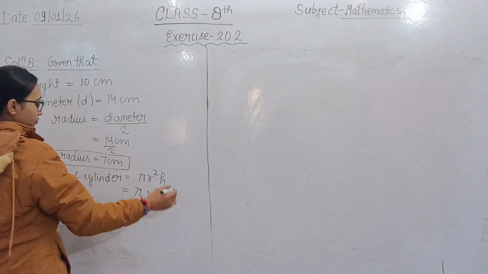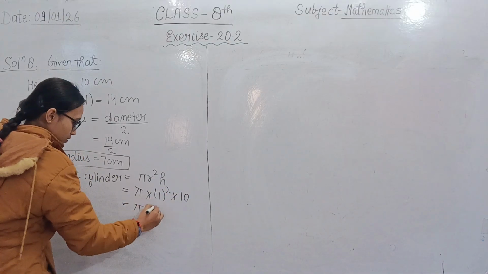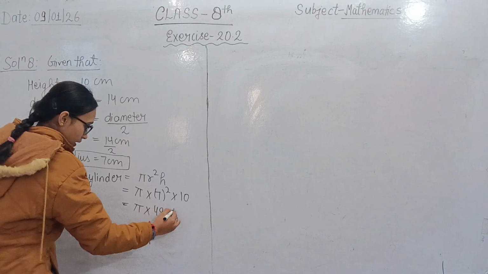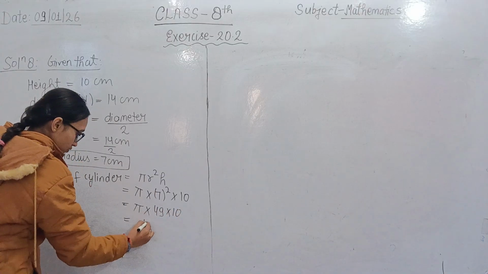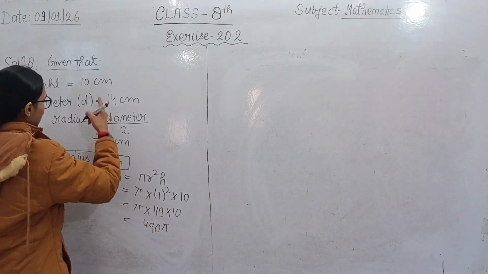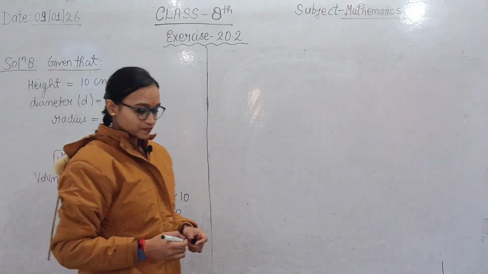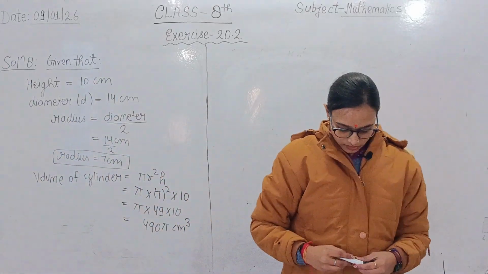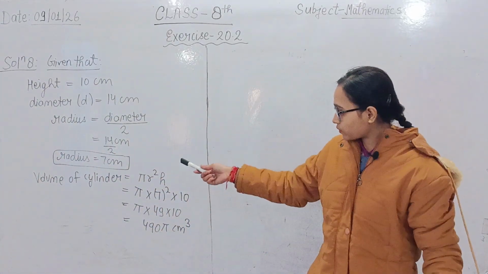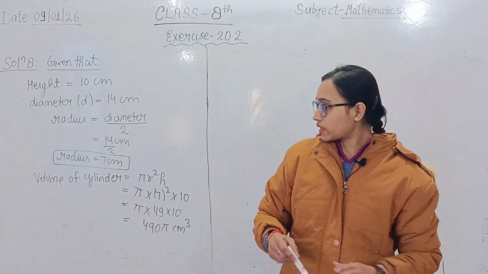H means height, and height we are given 10 centimeter. Pi 7 whole square 49 multiplied by 10. On multiplying this we get 490 pi, and the unit will be centimeter cube. Now we have calculated the volume of cylinder. Now we will calculate the volume of cone one by one.